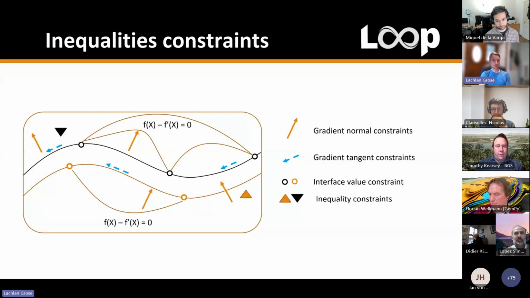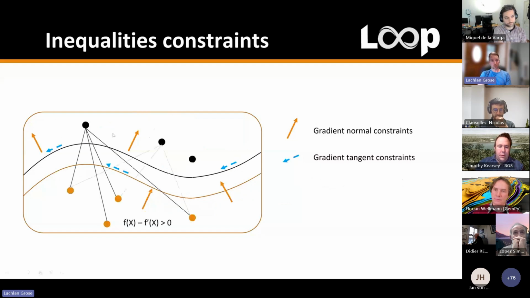So if we start with one type of inequality constraint, which is basically just to say at this location, the scalar field value should be less than, so you might be saying that it should be less than -10 because we're away from that zero surface. And those constraints are good if you know the thickness values of the units, and they're fairly cheap to apply computationally.